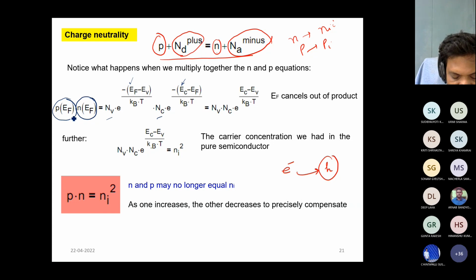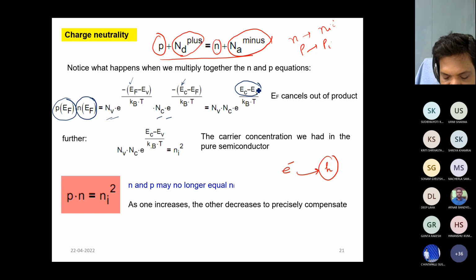So if we consider p and n as the number of holes and the number of electrons as per the present Fermi energy position, then they can be obtained using this formula. It depends on the difference EC minus EV, that is the band gap, and the temperature, right?